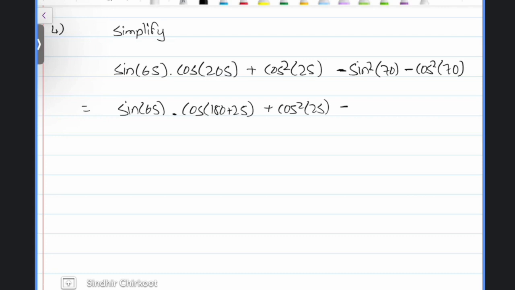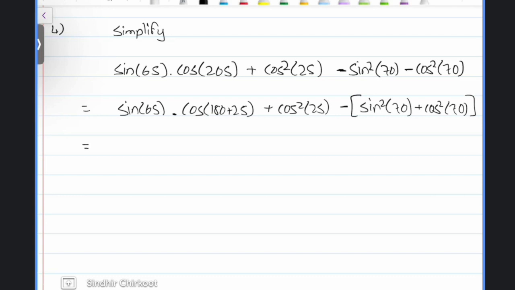Okay, so let's do this here. Sine squared 70. What I'm going to do is I'm going to take out a negative and I'm going to make it sine squared 70 plus the cos squared 70. I'm going to close that bracket.